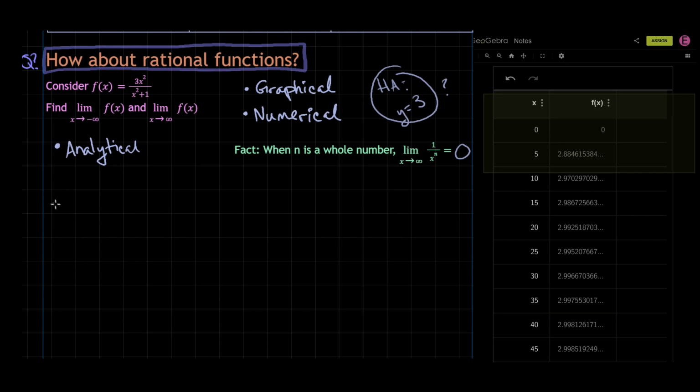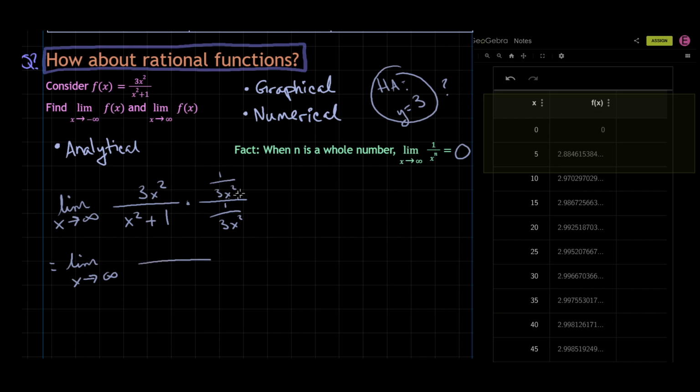So I'm going to use a strategy here. In particular, I am going to multiply by 1 in a very special way, by multiplying by some fractions within fractions. And that will allow me to rewrite this limit as such. 3x squared divided by 3x squared is 1.